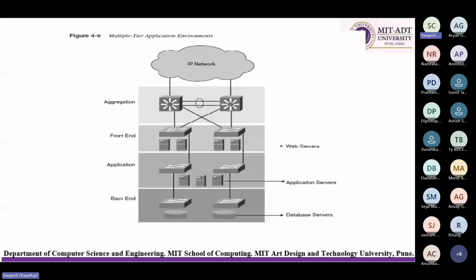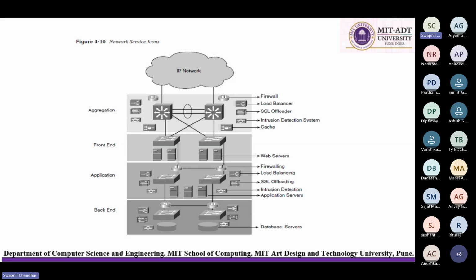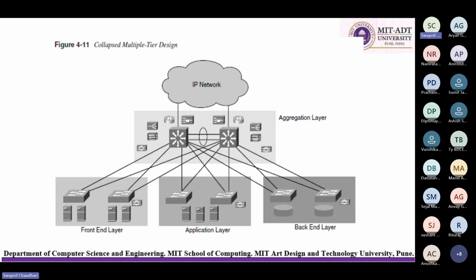So what we can say about this diagram: it is a multi-tier architecture that divides the application functionality into layers, ensuring scalability, security, and high performance in modern data center environments. Okay, so that's it for today. We will discuss diagrams 4.10 and 4.11 in upcoming sessions or in a one-day session.